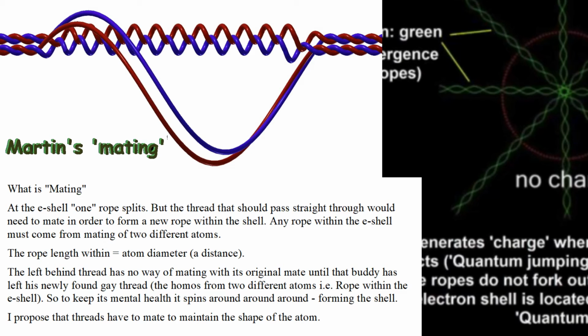And that's, I guess, the neutron, because that's a convergence of rope. So I think he's referring to that. Any rope within the E shell must come from mating of two different atoms. So he's saying that the ropes inside the electron shell come from two different atoms.